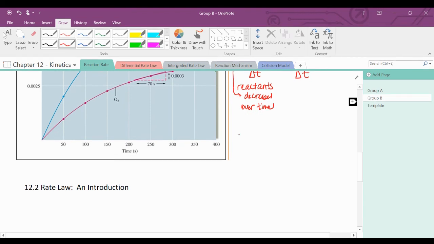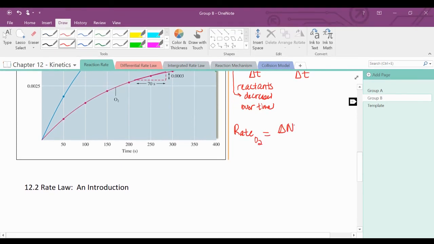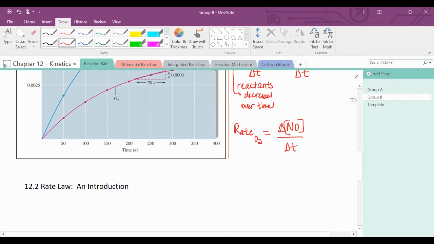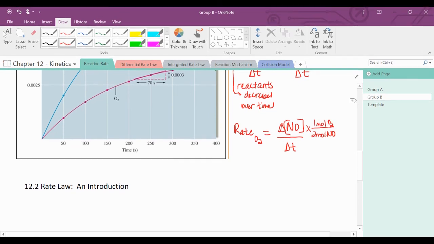So here, if we're talking about the rate of O2, I could take the rate of NO and we could multiply it by a mole ratio, where we're going to go from moles of NO to moles of O2. And my mole ratio uses the coefficients in my balanced equation. So based upon coefficients, we can see that the rate of NO being produced is twice the rate of O2 being produced.